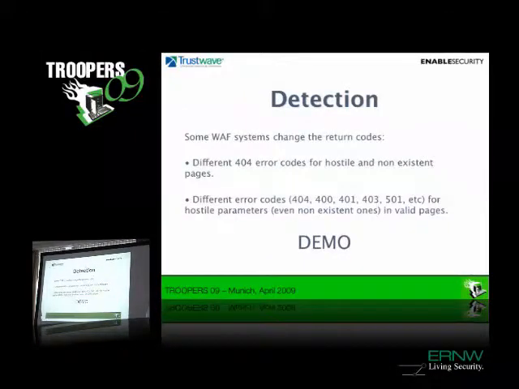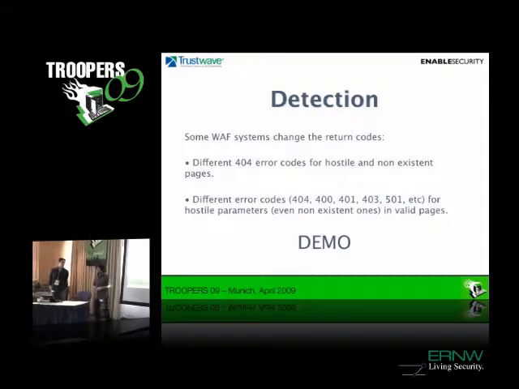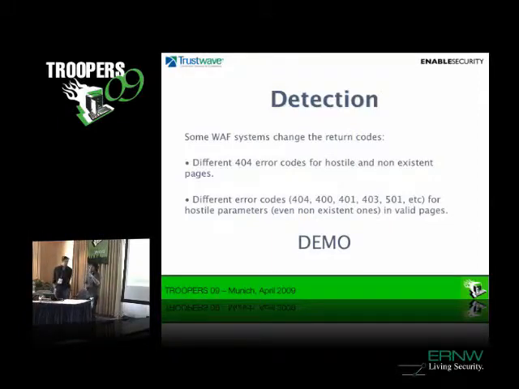Apart from that, you have the more active ways of detecting web application firewalls. Some web application firewalls, when they detect that there is an attack or a possible attack, will reply with a 404 or a different error code, where otherwise they would reply with a 200, which is a valid HTML page. So you would be accessing a known existing PHP script, for example, which is known to exist on the web server, and passing certain parameters to that PHP.